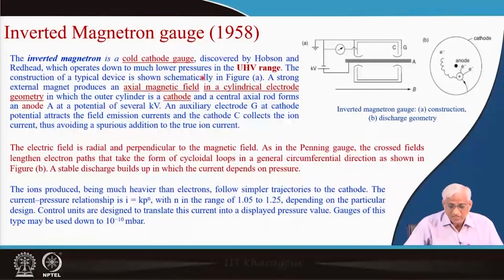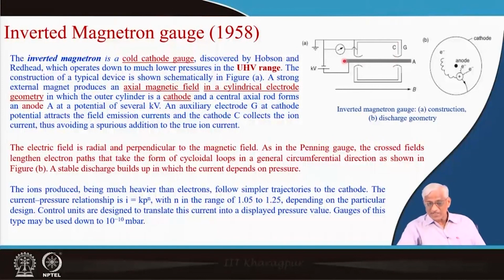The inverted magnetron came 25-30 years later, by other scientists called Hobson and Redhead. Because there were some errors, with the electrons interfering with the ion currents, what they did was this. There was a central anode which is like a rod, and a small cathode which is like a cup, but in between they introduced one more electrode, which is at the same potential as the cathode; both are at ground potential.